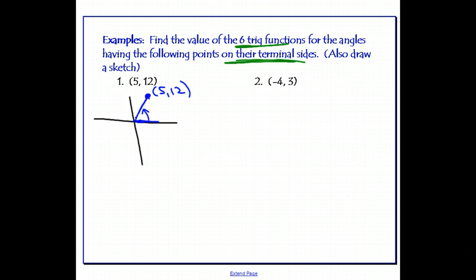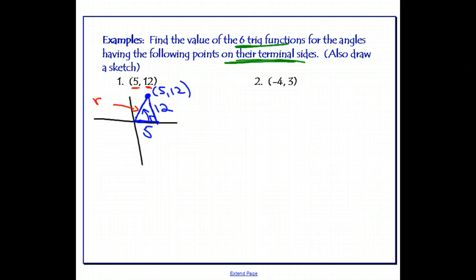You guys know what to do. Sketch in a right triangle. We know right here is the x-coordinate, 5. Right here is the y-coordinate, 12. And really, this is going to be an exercise in the Pythagorean theorem. They gave me x, they gave me y. Can I figure out this r right there?